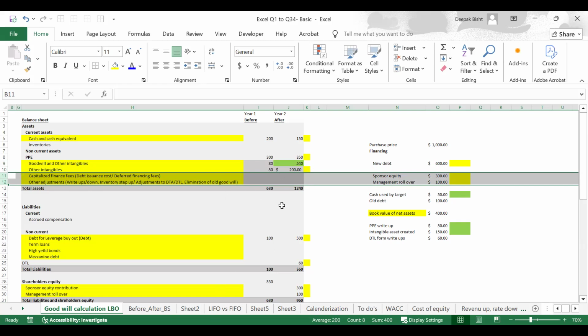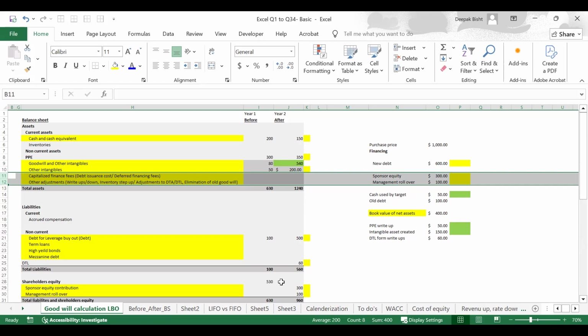And at the end, an LBO fundamentally changes the balance sheet. What happens is the debt increases massively, because it's a leveraged buyout, and leverage itself means debt.